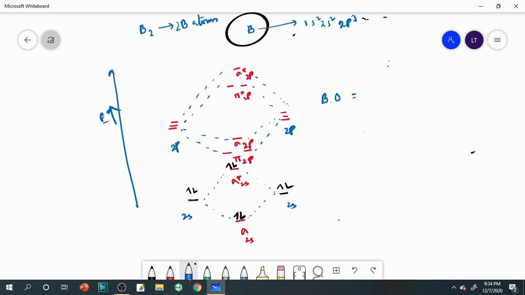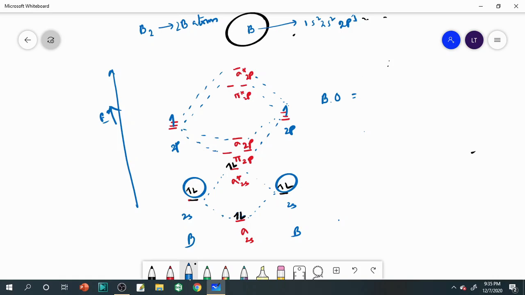So here we have to consider 1 p electron. I am just writing in this way. In 1 B atom there will be a 2s electron here, 2s electron here, and additionally here will occur a 2p electron, and there are 2 boron atoms. So here there will be a 2p electron, and here there will be another 2p electron.